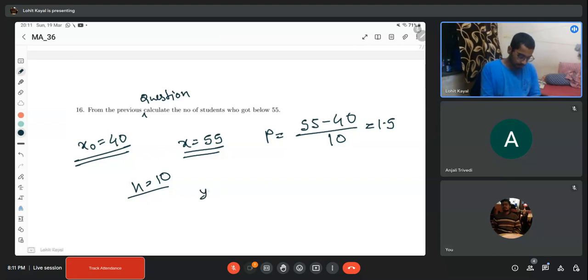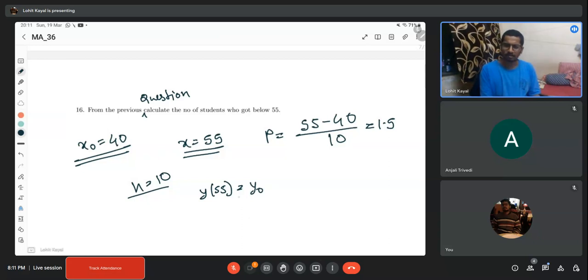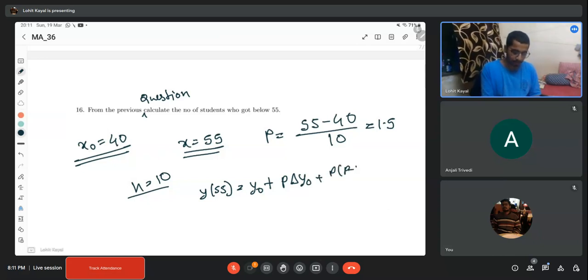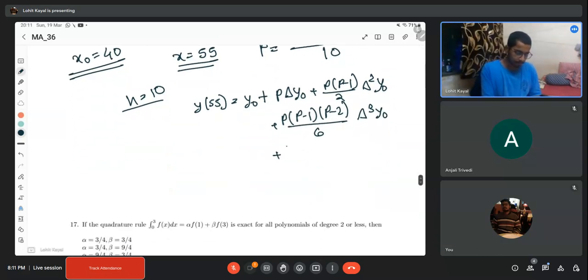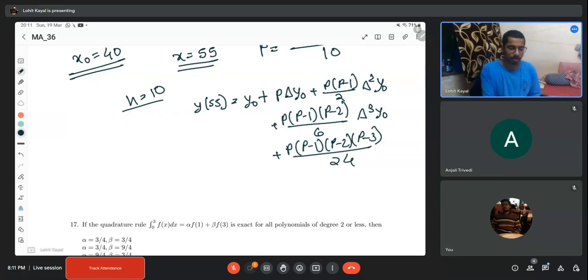Now what is your y at 55? y equal to y naught, that means y at x equal to 40, plus p delta y naught plus p into p minus 1 by 2 delta square y naught plus p into p minus 1, p minus 2 by 6 delta cube of y naught plus p, p minus 1, p minus 2, p minus 3 by 24 delta to the power 4 of y naught.